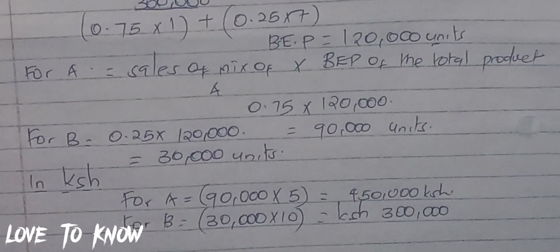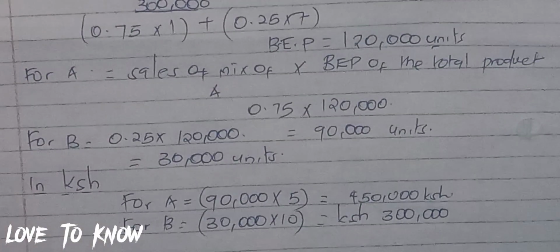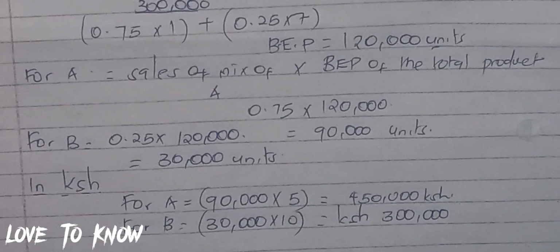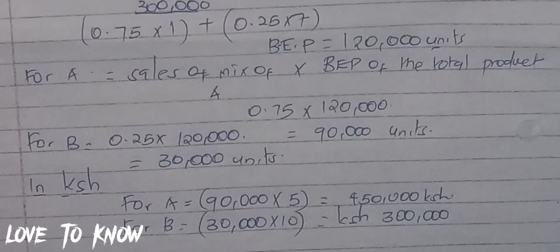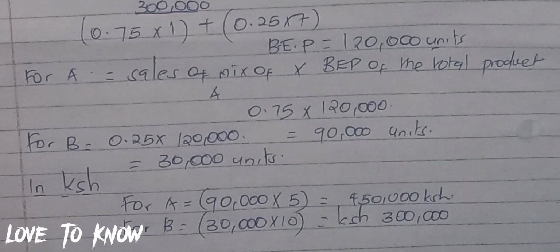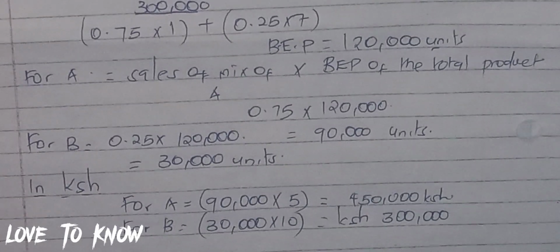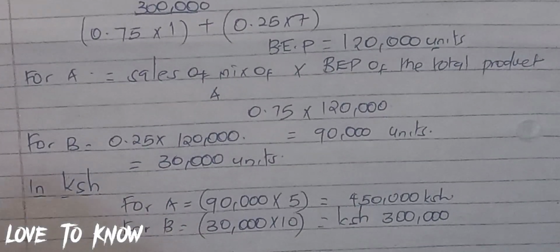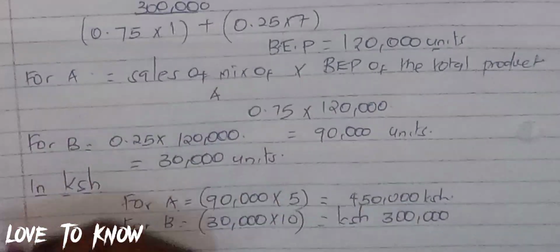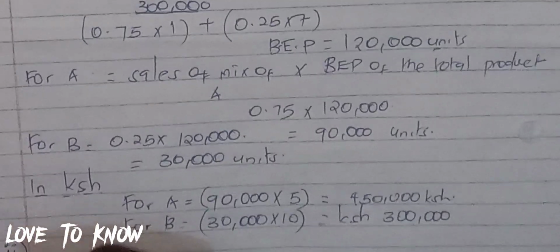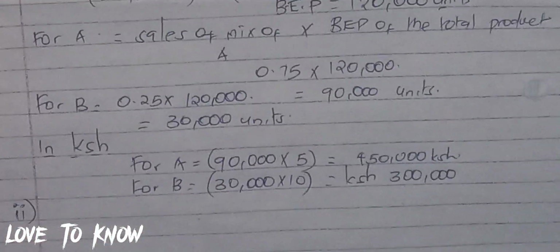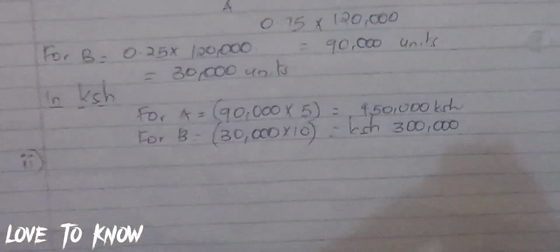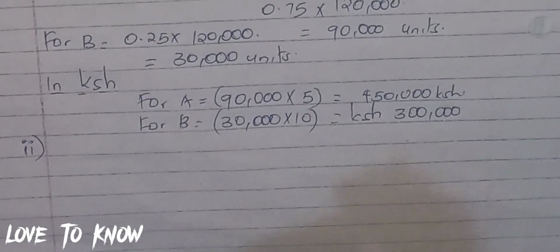The second part of the question reads: assume that the company proposes to change the sales mix to the ratio 1:1 in units. Advise the company on whether this change is desirable. In this case, we will divide the total amount into equal ratios among the products.